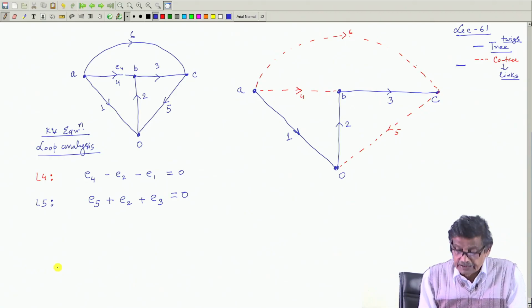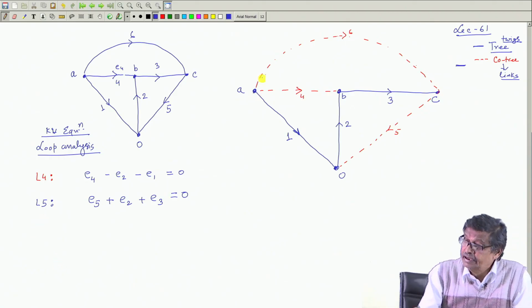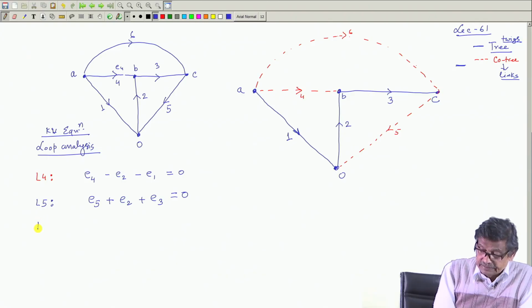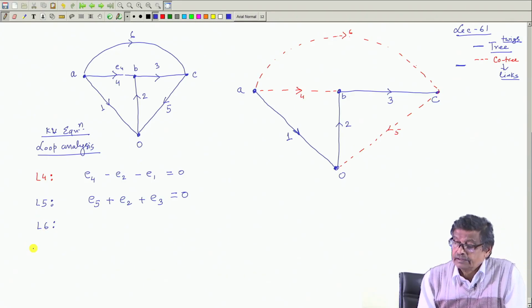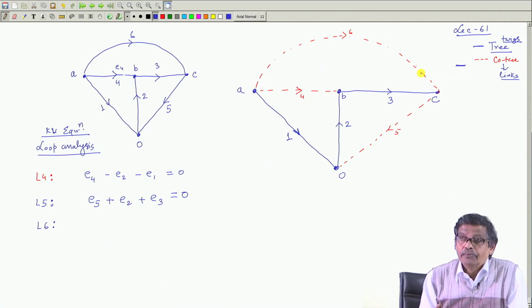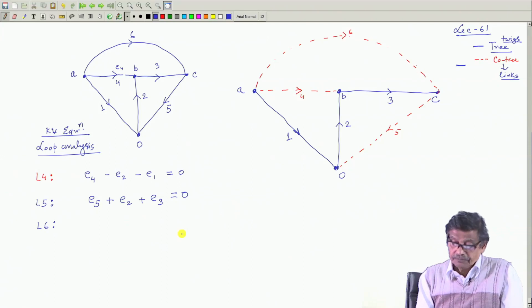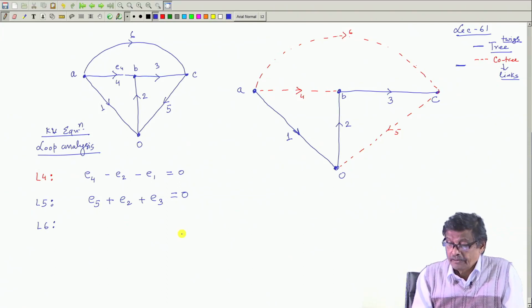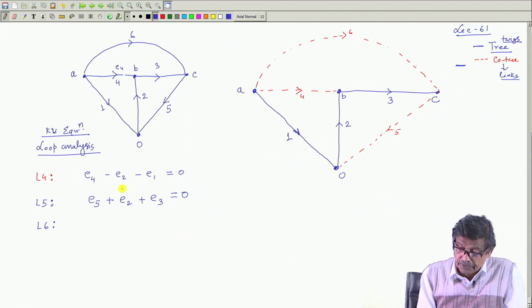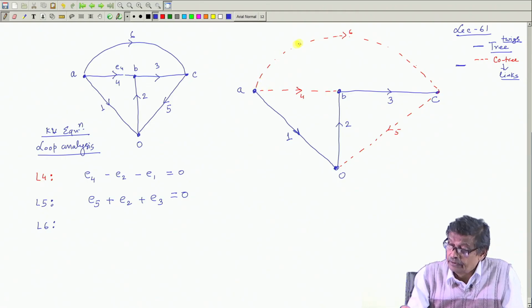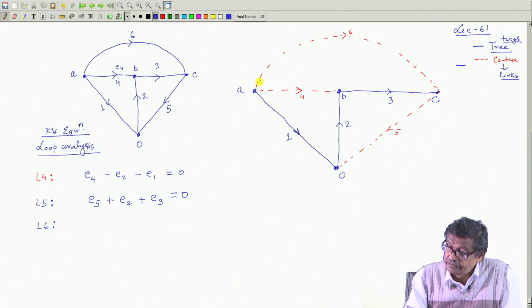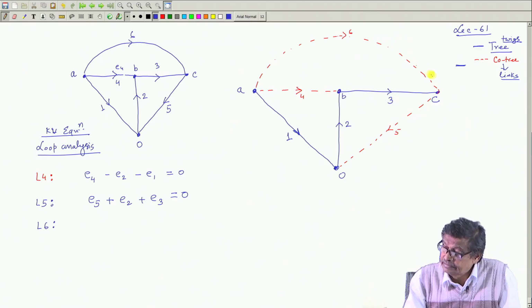The KVL equation is to be satisfied, and finally, the third loop, which I have called L6, is this one. What is that loop? Now, be careful about what I mean. This loop, which will be formed by this link alone, will be like this: start from L6, then this.